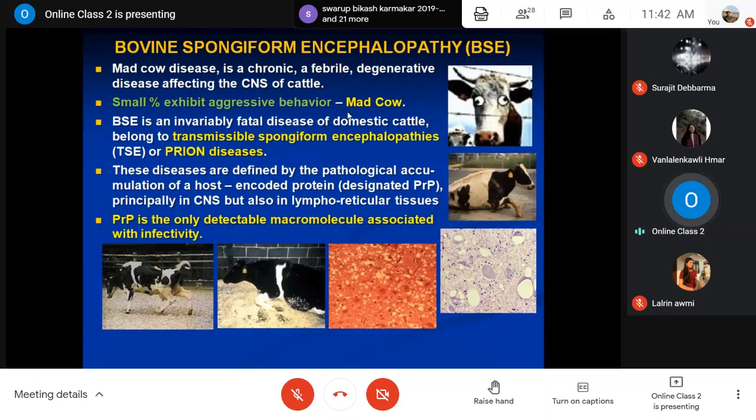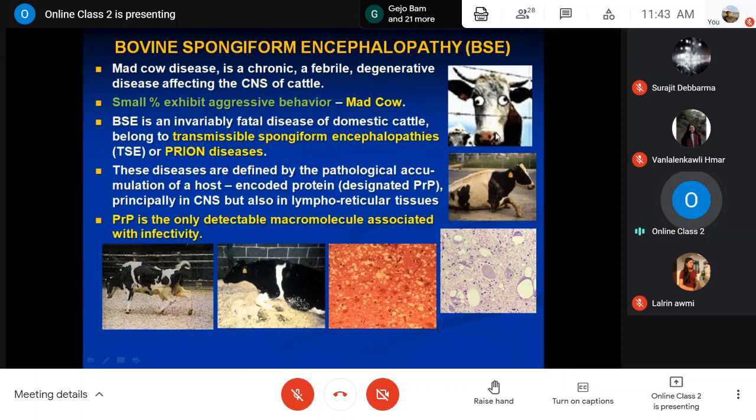The normal cellular protein is transformed into an infectious type of protein known as the prion protein. This is the only detectable macromolecule associated with infection by this disease.